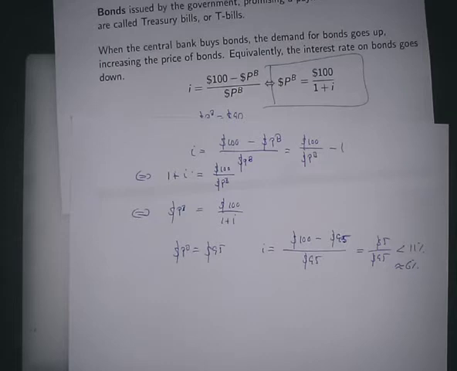The interest rate that the government has to pay to get these bonds sold goes down, so the price goes up.